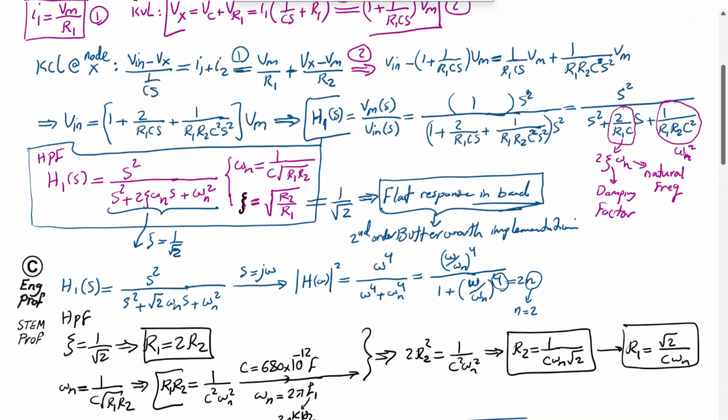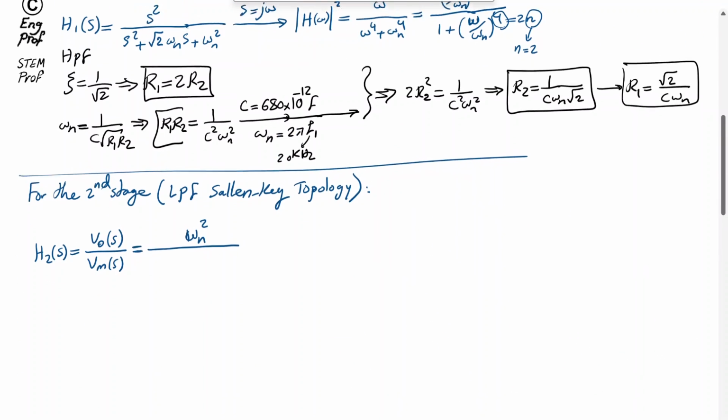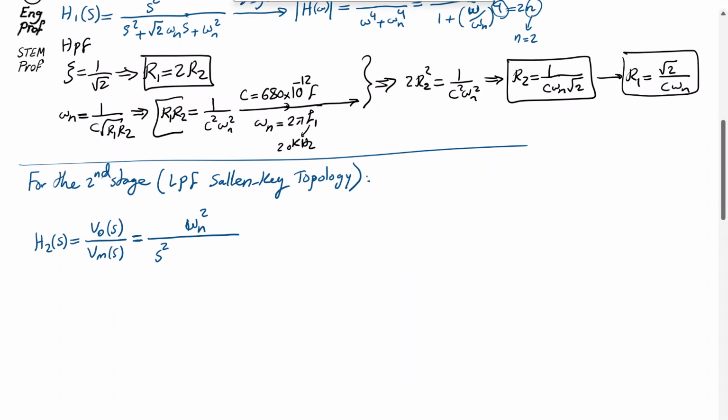So in the case of the first stage, we found s squared divided by these guys. The nice thing is we end up with the same definition for the denominator, but the values are different. So we will find that the values look like this.